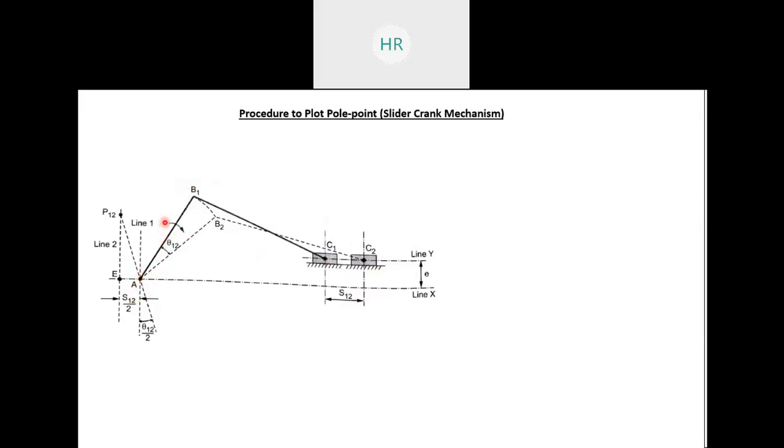Then as this crank rotates by an angle theta 12 in clockwise direction, जब ये थीटा 12 जितना रोटेट होता है ये link AB1, then it is gaining the position AB2. Okay, so AB2C2 is the second position of this slider crank mechanism.